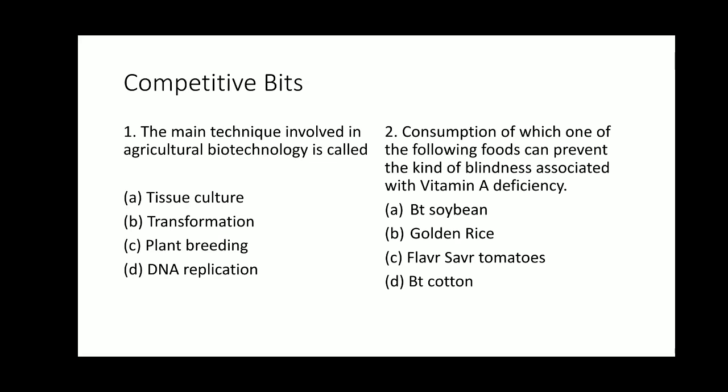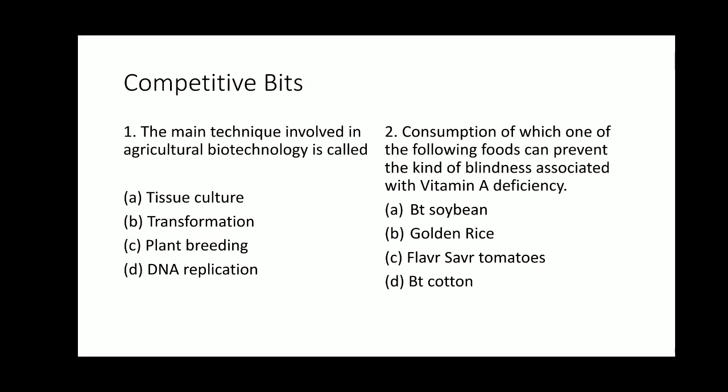In agricultural biotechnology, as we have seen in the case of Bt cotton, whether you use the gene gun method or the Agrobacterium mediated transformation method, we introduce the desired genes in the Ti plasmid, and then introduce this Ti plasmid into certain plant cells.